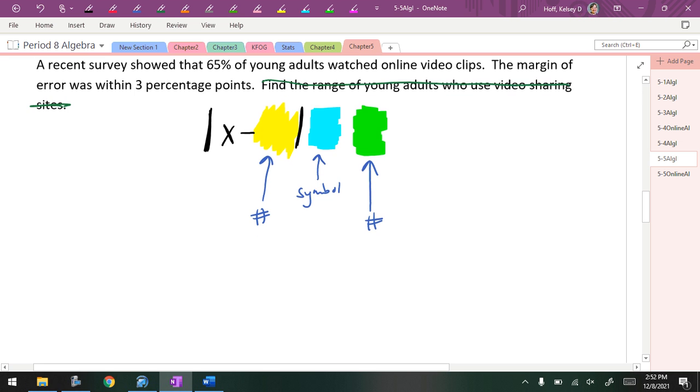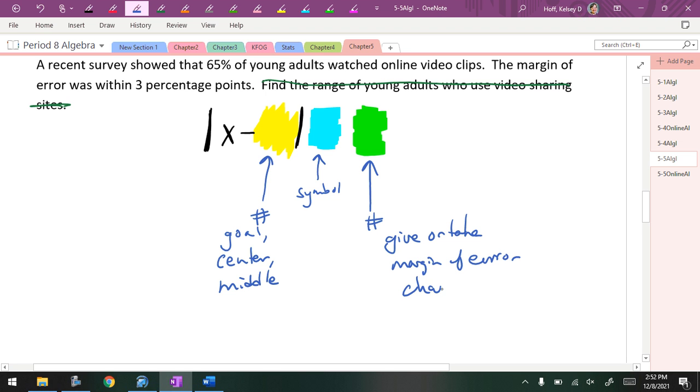Inside the absolute value bars is your goal or the center, the middle, like what you want. The number at the end is your give or take, the margin of error, or the change.